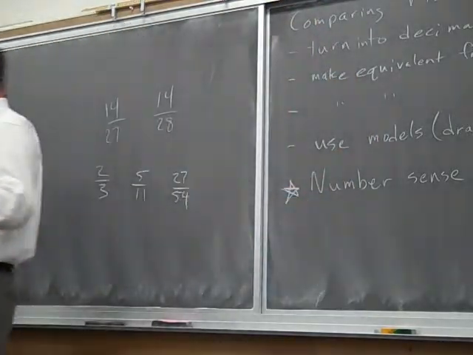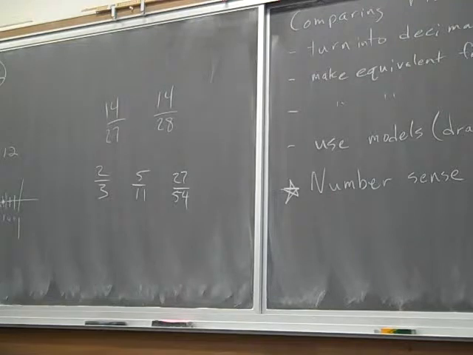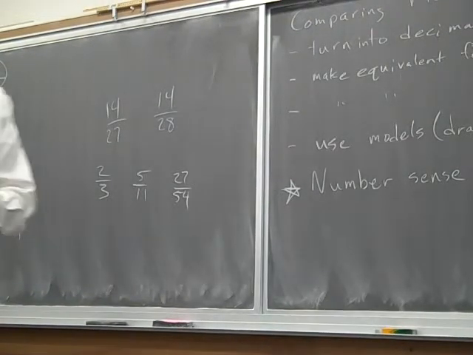Just think. That's the best way to go. And sometimes that alone is all it takes. Sometimes they'll all be a little above a half, and you'll have to say, well, which one's the most above a half? And that could be another question you could ask. Okay?